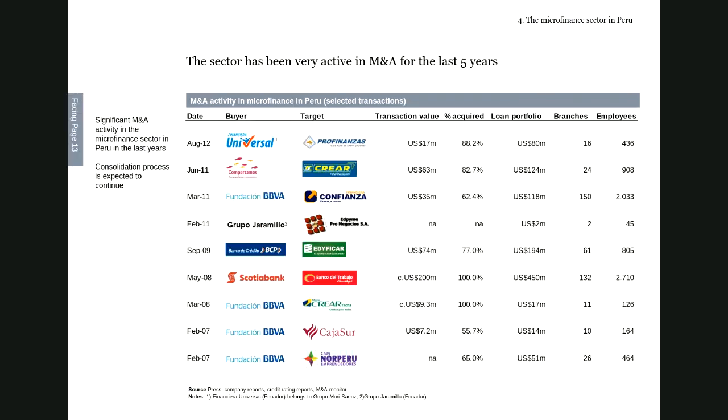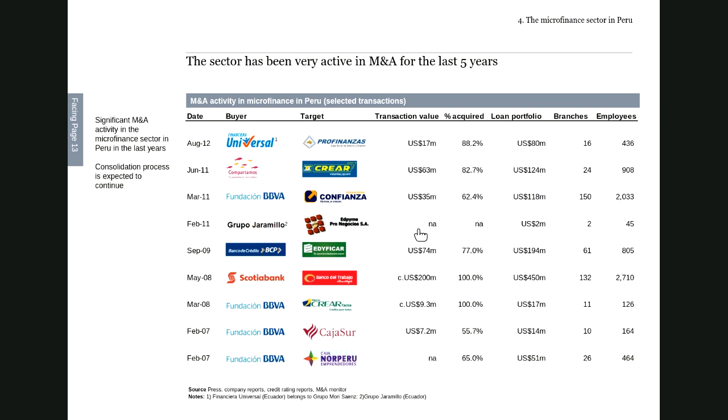Okay, what about M&A activity? In the last 5 years, there had been all these acquisitions. So from the bottom to the top, Fundación BBVA had acquired Caja Nor Perú, Caja Sur, Crear; Scotiabank had acquired Banco del Trabajo; BCP had acquired Edificar; Grupo Jaramillo had acquired the Pyme Pro Negocios; Fundación BBVA also acquired Financiera Confianza; Compartamos, the Mexican group, had acquired Crear; and Financiera Universal had acquired Profinanzas.